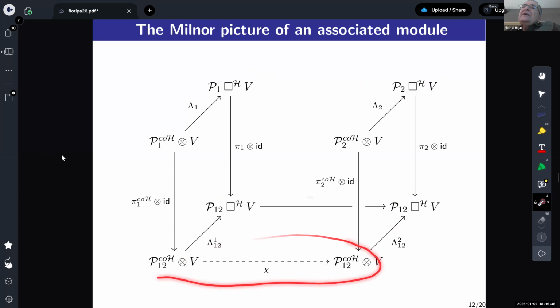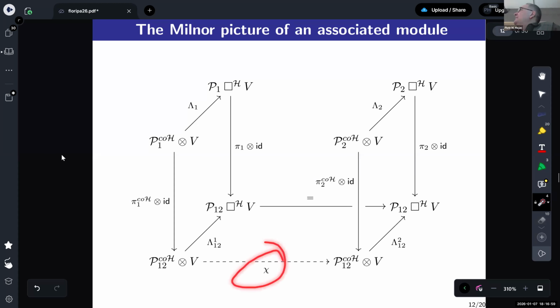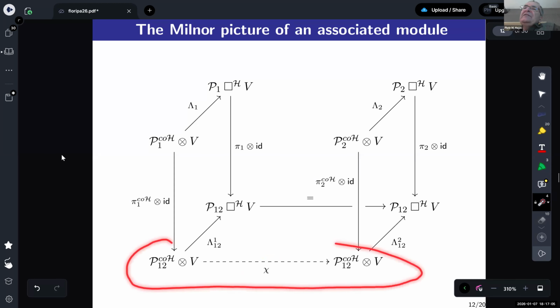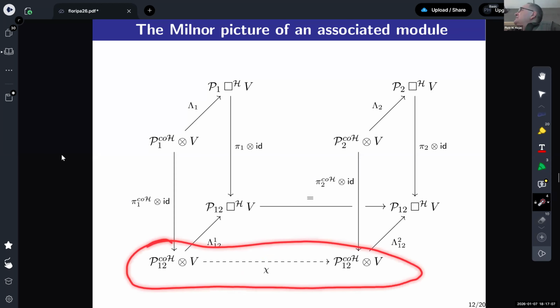It's kind of obvious how it works. I go by this lambda 1, 1, 2, and then I come back by the inverse of lambda 2, 1, 2. Because I have explicit formulas, this computes chi for me. And this is the explicit isomorphism that's precisely what you need in the Milnor clutching construction.